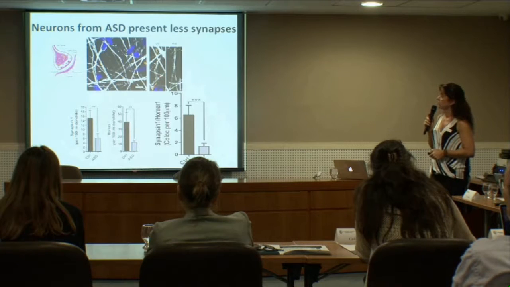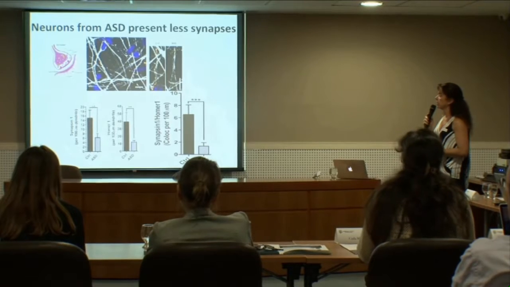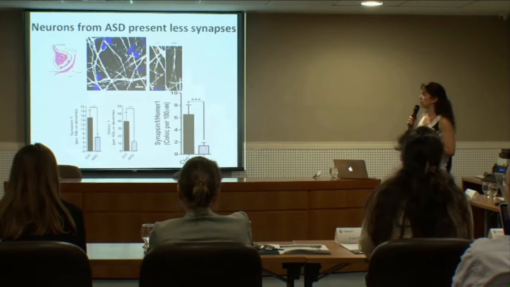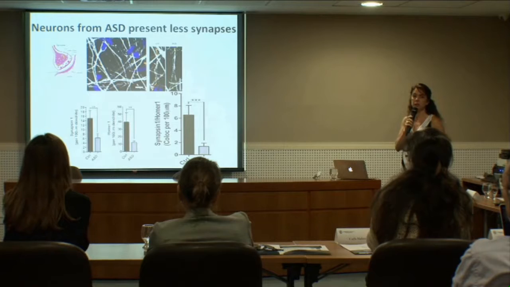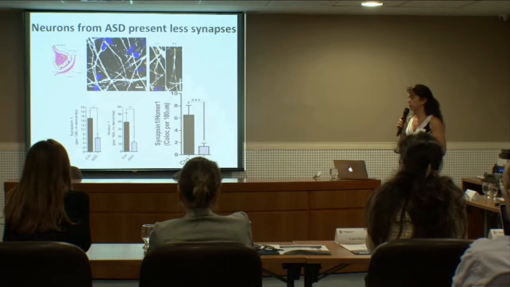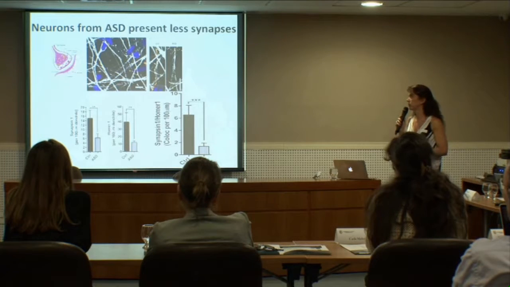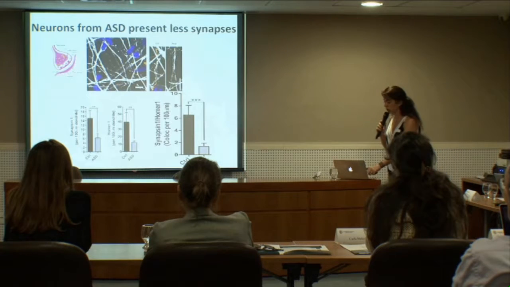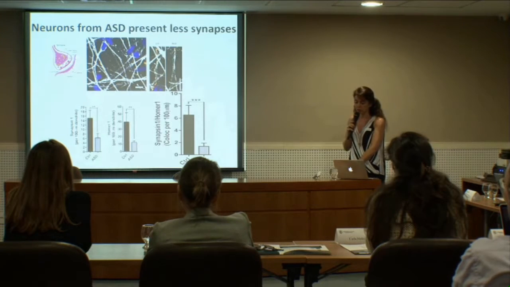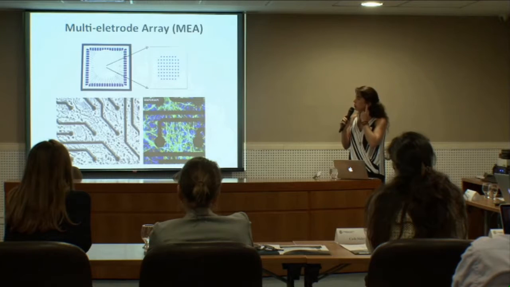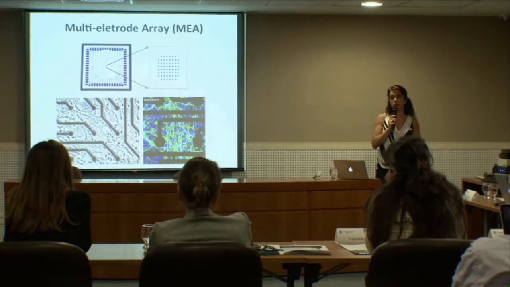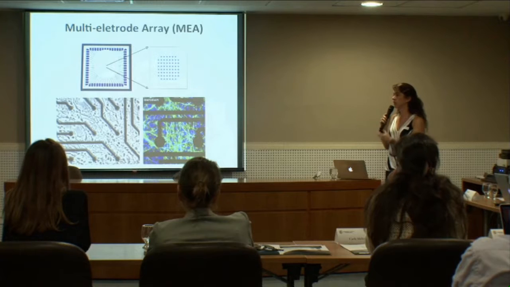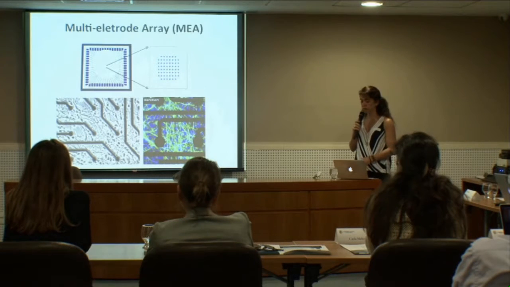We noticed that the controls have more synaptic numbers, both pre- and postsynaptic buttons, and also more puncta, while the autistic patients present fewer synapses, so there is an impairment in the synaptogenic process. We also use Maestro, a multi-electrode array, the one that David showed you before.